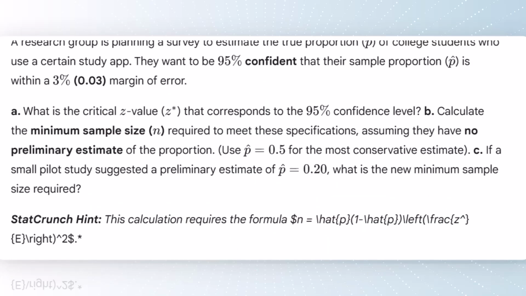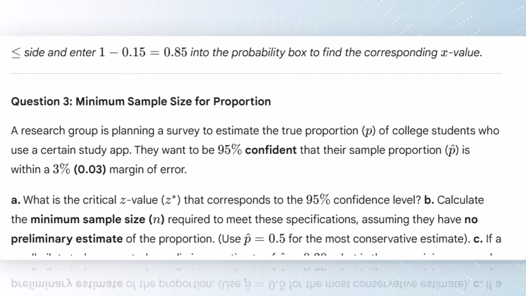C. If a small pilot study suggested a preliminary estimate P hat of 0.2, this time, guys, he has given us P hat, which is 0.2. We cannot use 0.5, 0.5. So we're going to use 0.2 for P hat and 0.8 for Q hat. Q hat is the probability of failure. It's 1 minus P hat, which is 1 minus 0.2. What would be the minimum sample size?